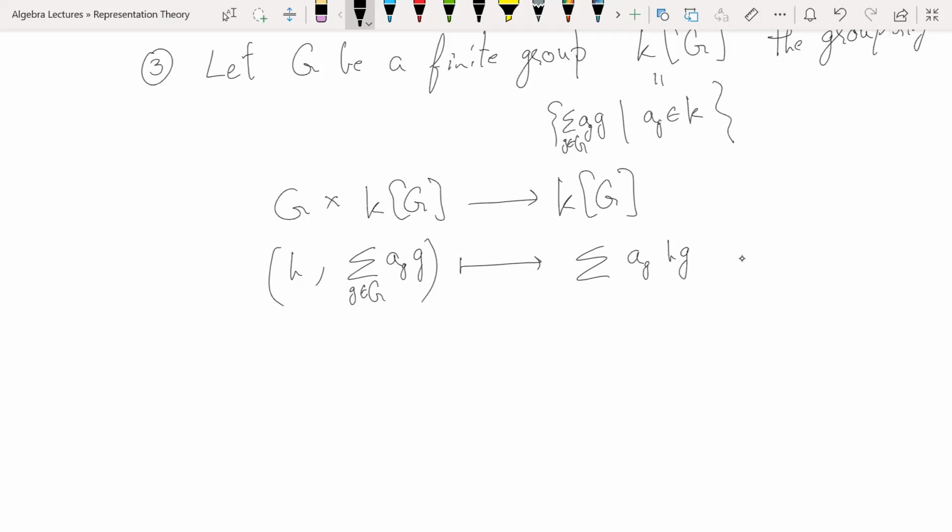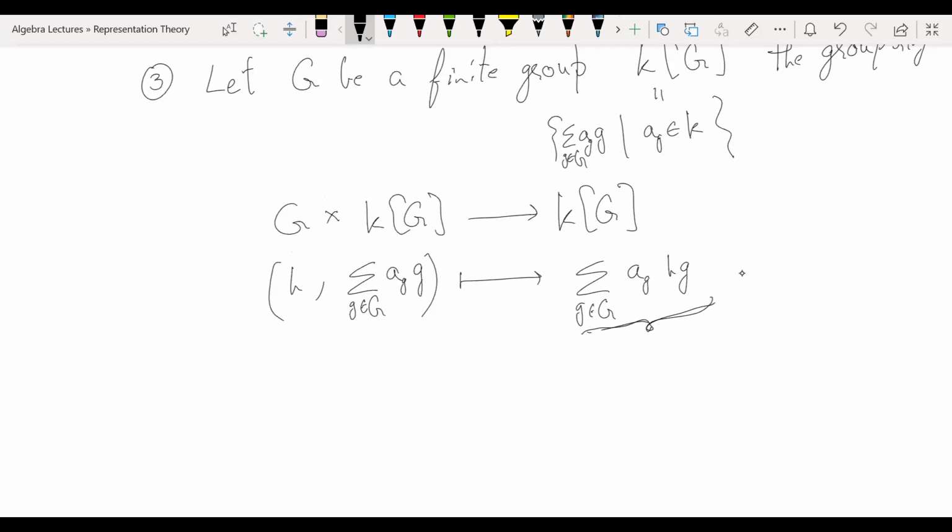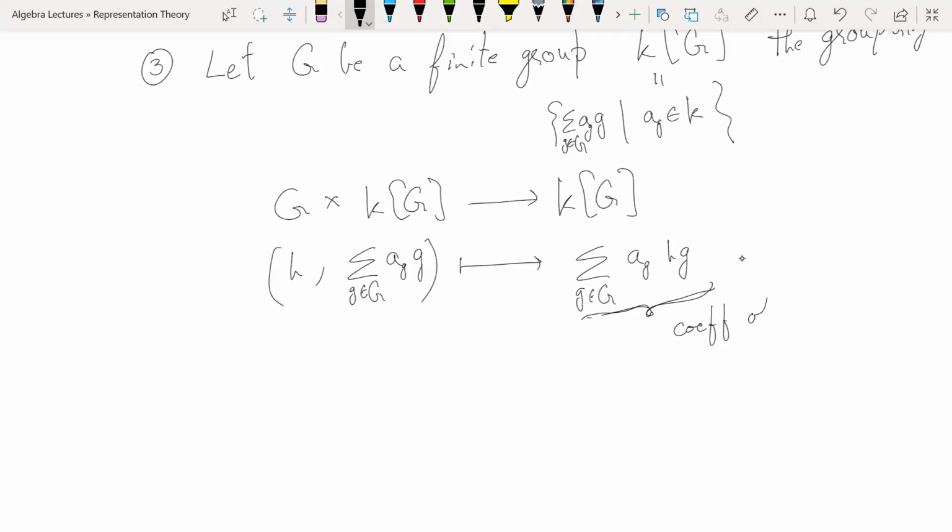So here the coefficient of g is a_g. What is the coefficient of g in this thing? It is a sub h inverse g, so you get the coefficient h inverse g.